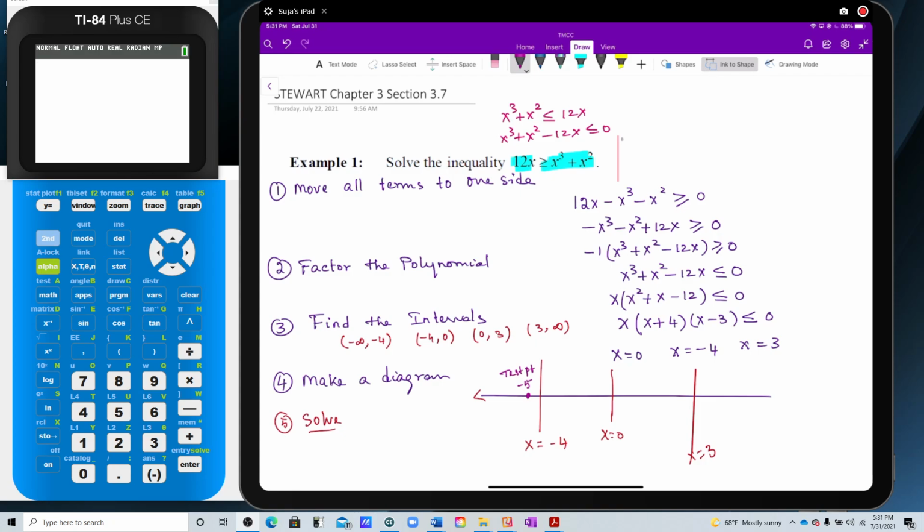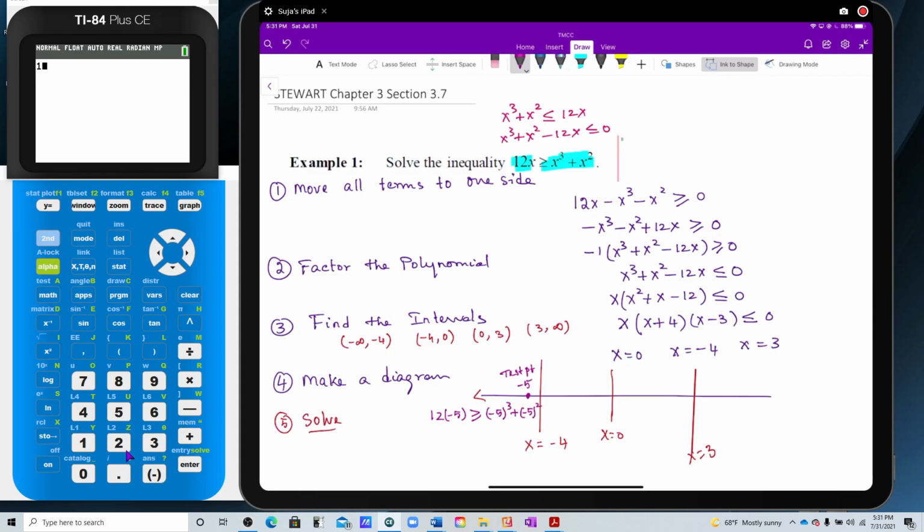Now, if I take this negative 5 and plug it back into my original inequality, which is 12 times negative 5 greater than or equal to negative 5 cubed plus negative 5 squared. If I get a true statement, then I say that interval is in the solution.